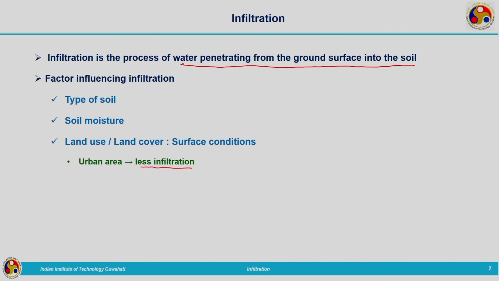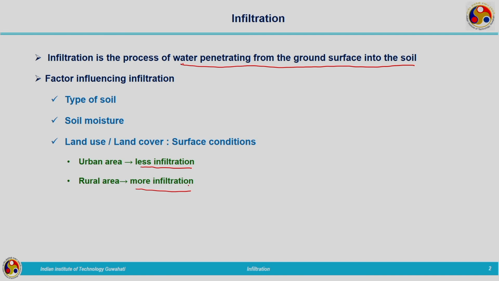So, because of these paved surfaces, water which will be infiltrating into the ground will be less. But in the case of forest land or in the rural area, the water which is infiltrating will be high. That is, in urban area we are having less infiltration, and in the rural area we are having more infiltration.